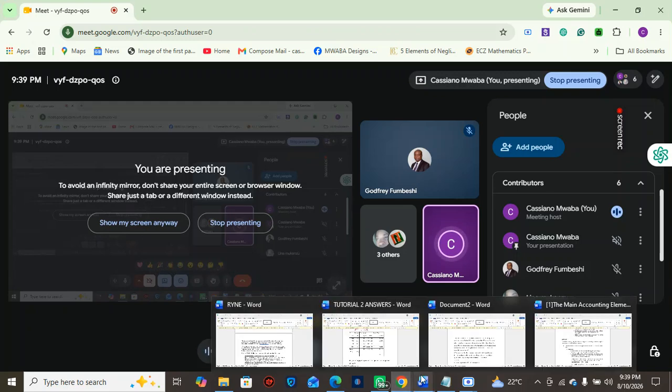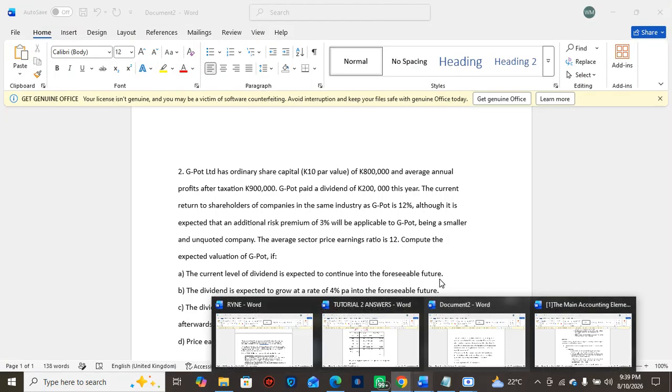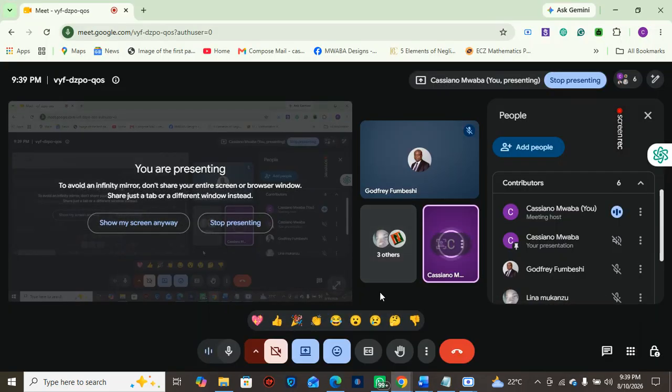Another current liability is accrued expenses. These are expenses which you need to pay for, but you haven't paid for them, so they just keep on building up. Let's say your electricity bill is due this month, you don't pay it, you're owing the electricity company. The second month comes, the electricity bill falls due, you don't pay it, you're owing the electricity company.